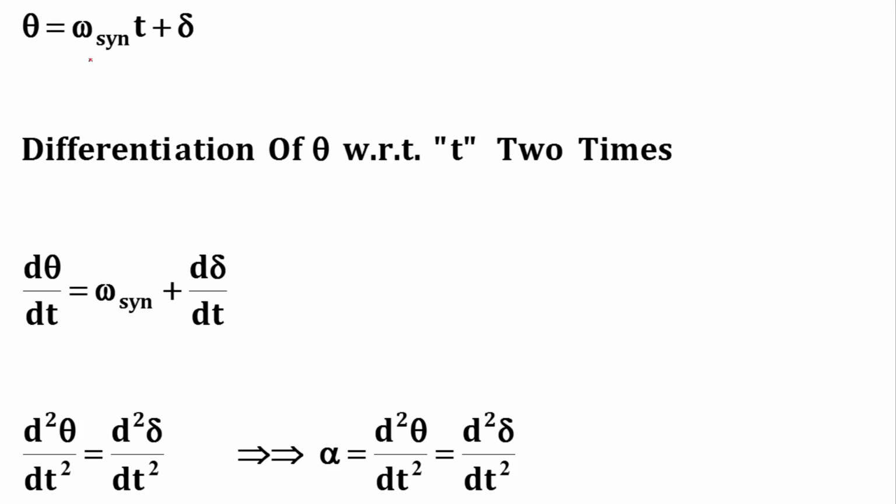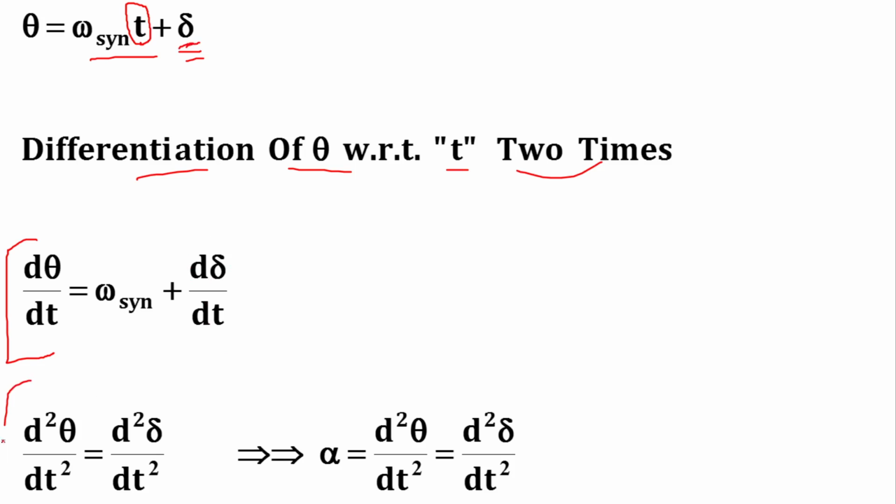Now differentiation of theta with respect to t, first time, gives d theta by dt, which is equal to omega synchronous, since differentiation of t with respect to t is equal to 1, and differentiation of delta with respect to t gives d delta by dt.